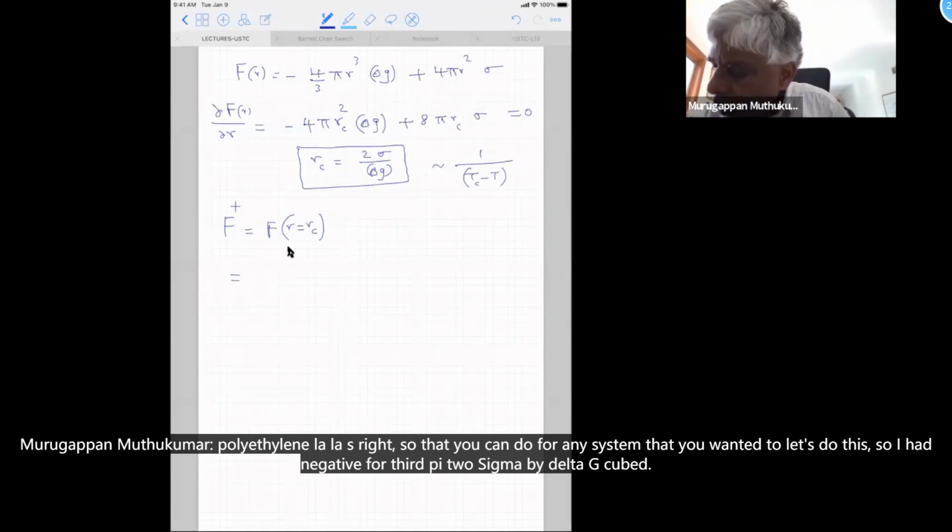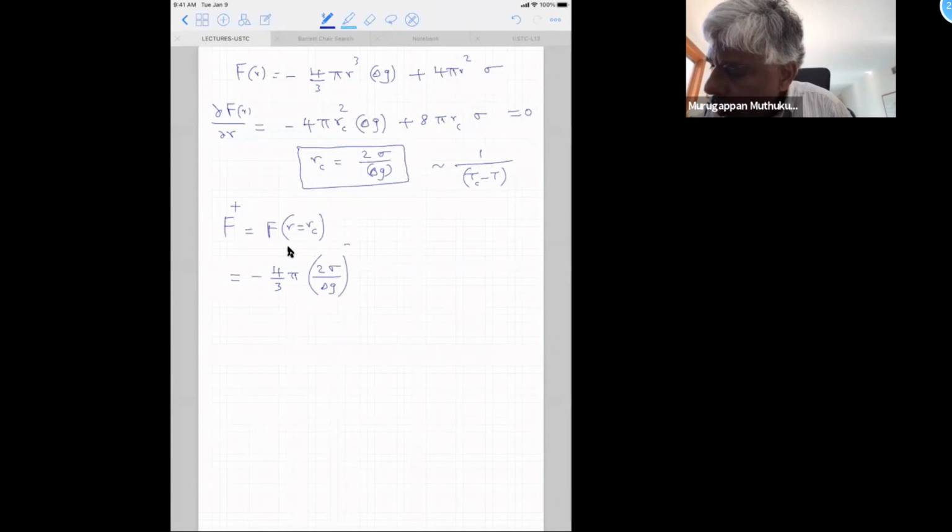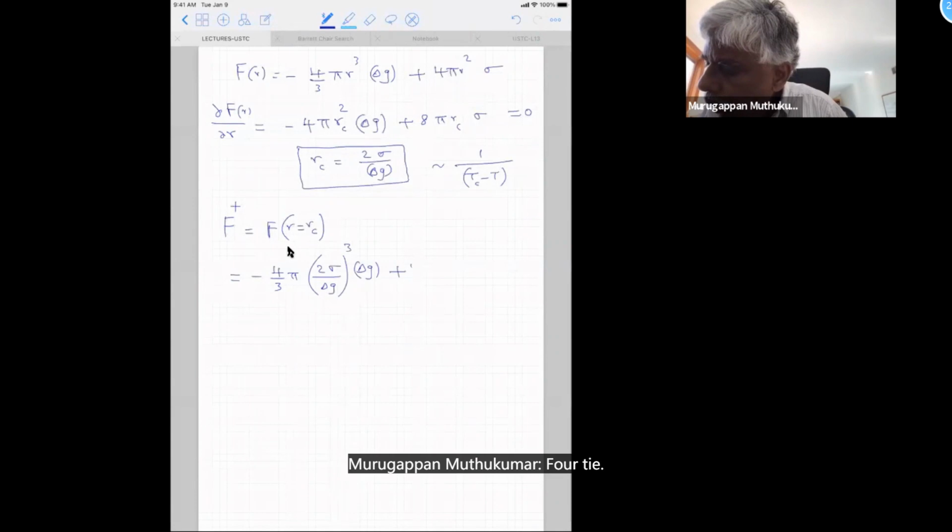Let's do this. So I have negative 4/3 pi (2 sigma by delta G) cubed times delta G plus 4 pi (2 sigma by delta G) squared times sigma.